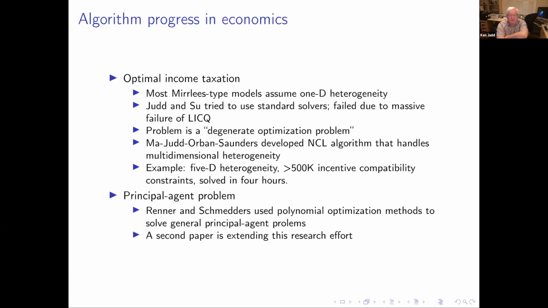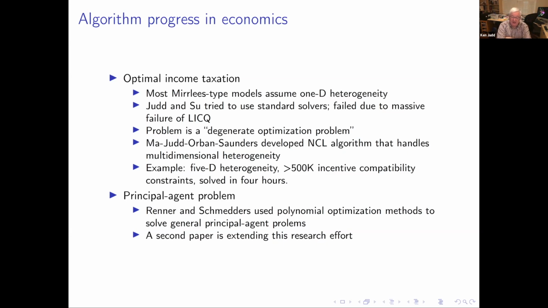Now, I'm next going to tell you about a story that basically spanned 15 years. Actually longer if I include the time I've been thinking about it. Most Mirrlees income tax type problems assume that people differ only on one dimension.